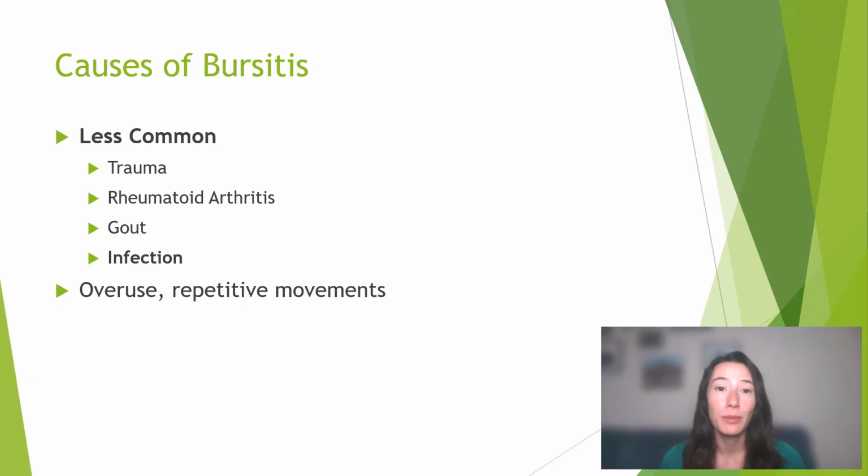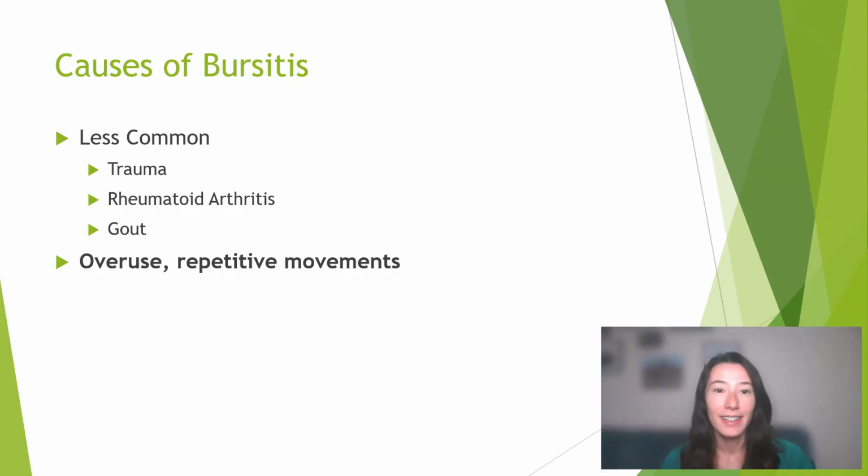Then one last example of a lesser common cause of bursitis is something like an infection from bacteria like Staphylococcus aureus. If you have an infection from that, it can make its way towards the bursas and cause inflammation directly to them.